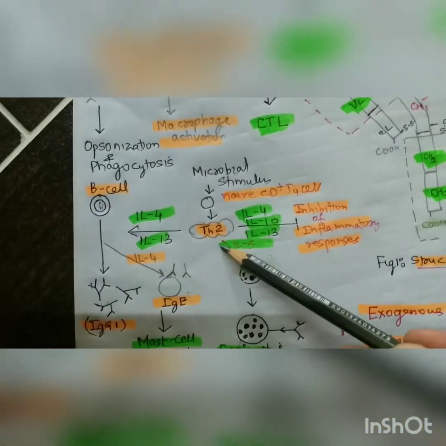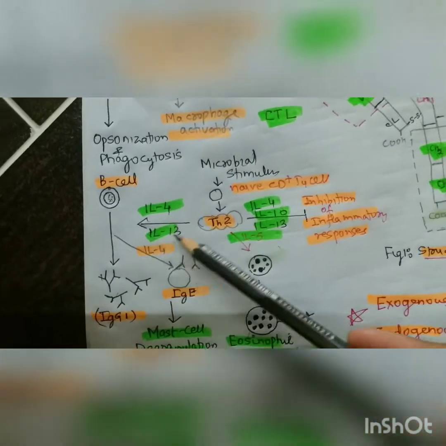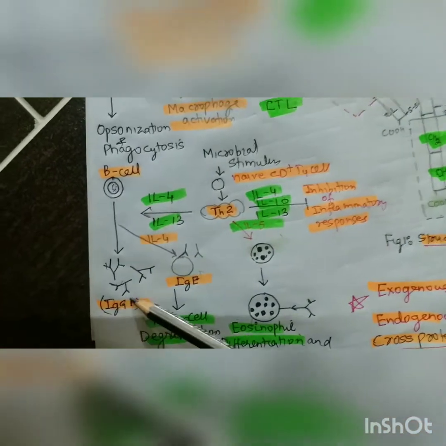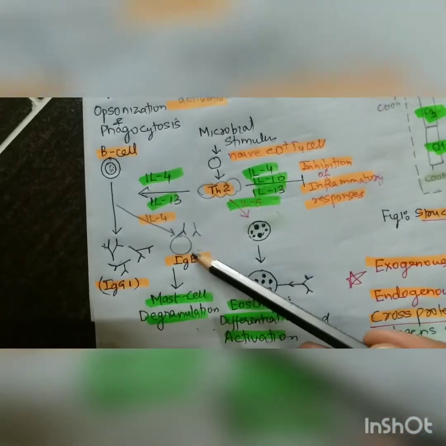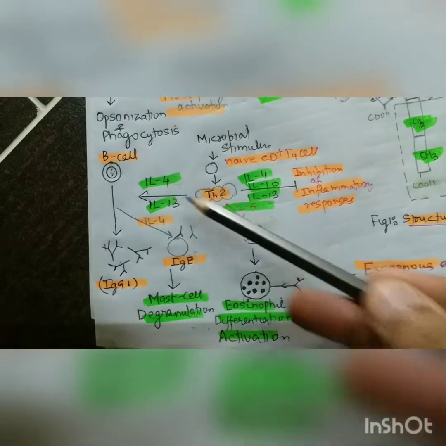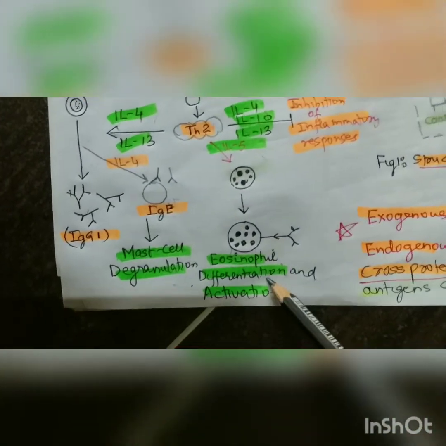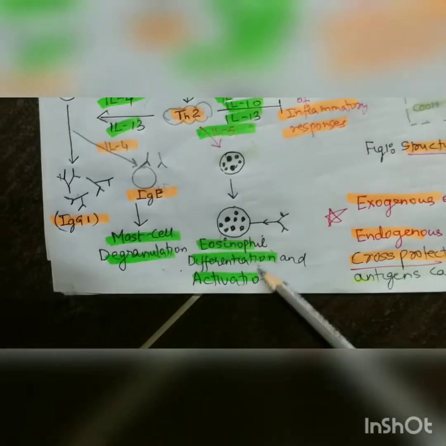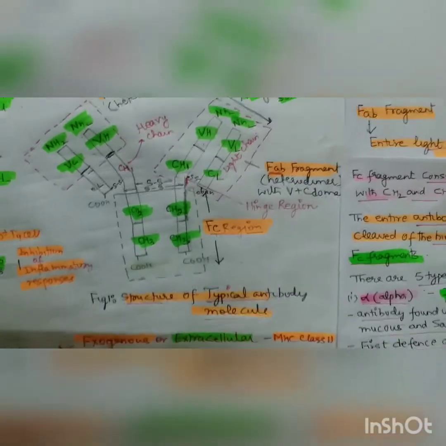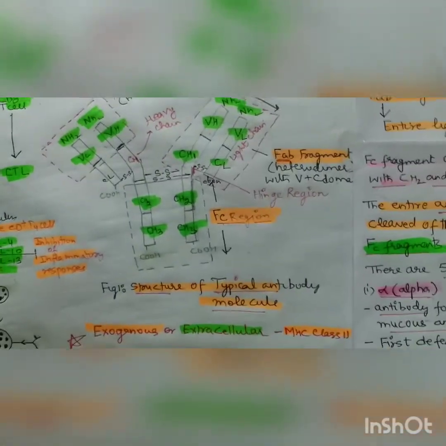But in Th2, IL-4 changes the B cell path from IgG to IgE. So this question will come. And then we have IL-5 here, which results in the formation of eosinophils, which I already told you are produced during the allergic reaction, and they are attached to the FC region. So this we did, and no issue with that.